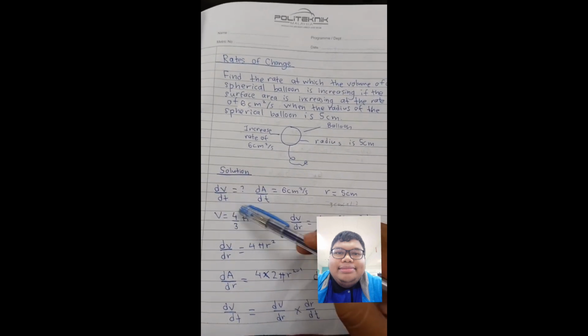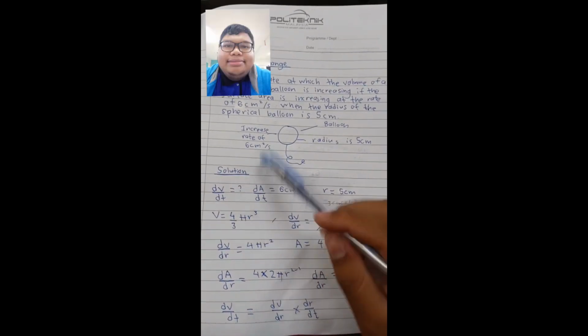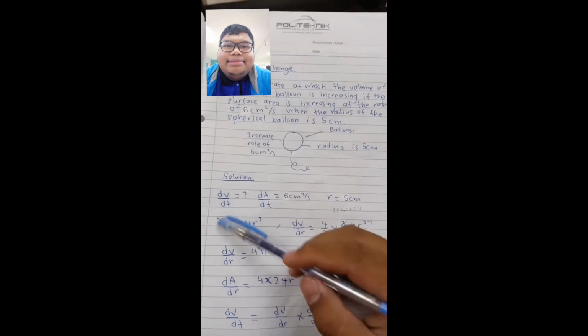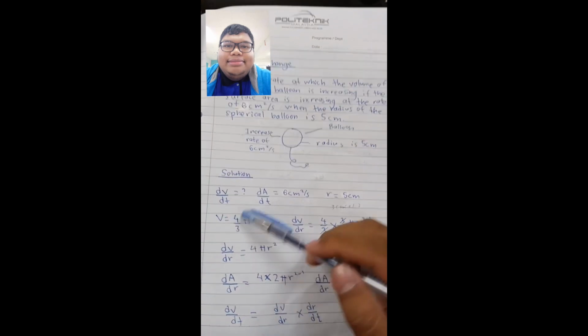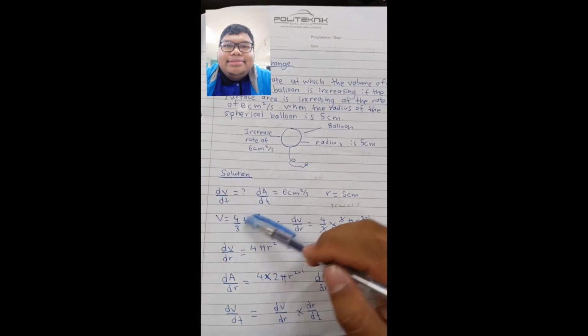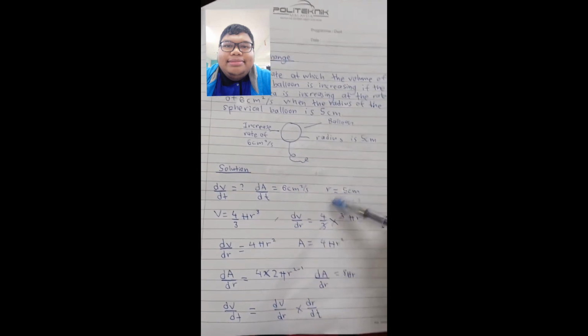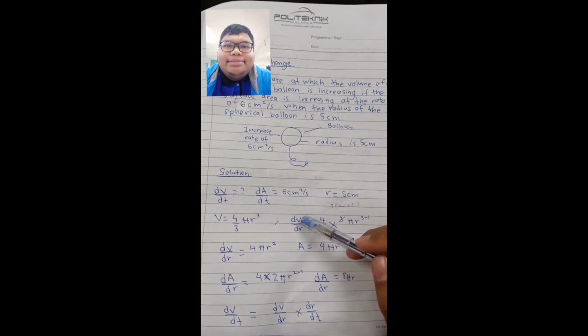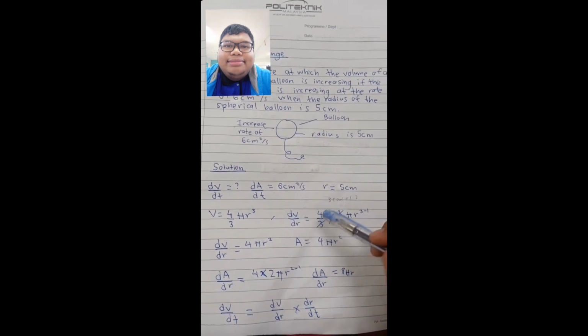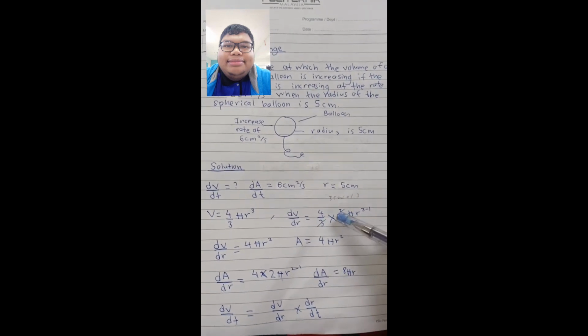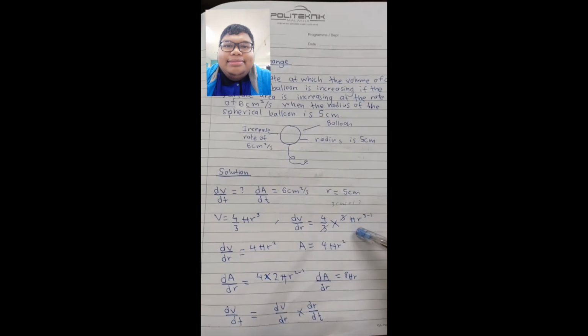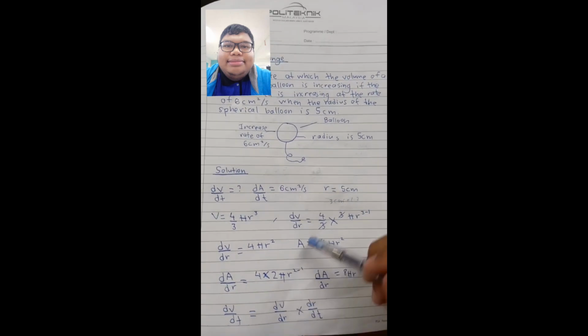And here is the formula for a spherical balloon, that is volume V equals 4/3 pi r cubed. dV/dr equals 4/3 times 3 pi r to the power 3 minus 1.